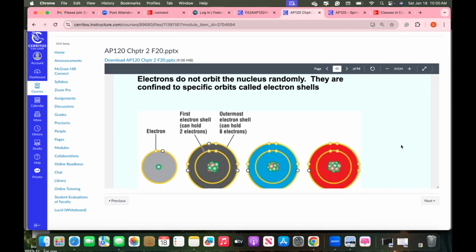Here's an atom with more than that, and you've got more electrons on the second shell on the outside. But these are just different configurations of the same thing, okay?